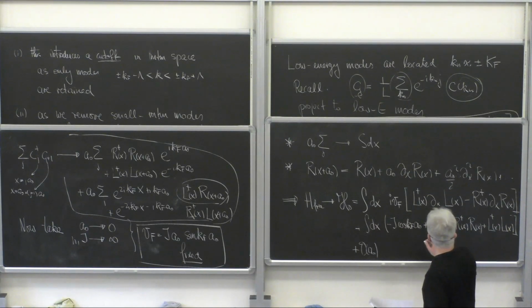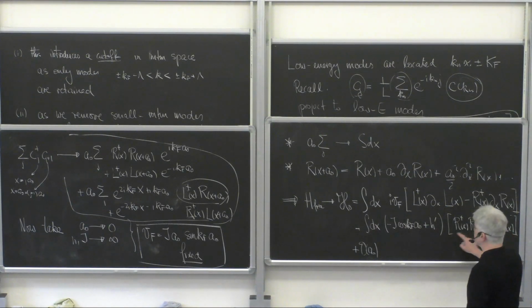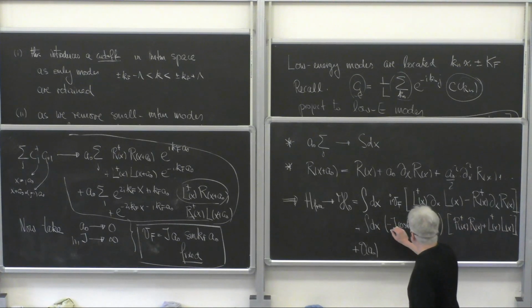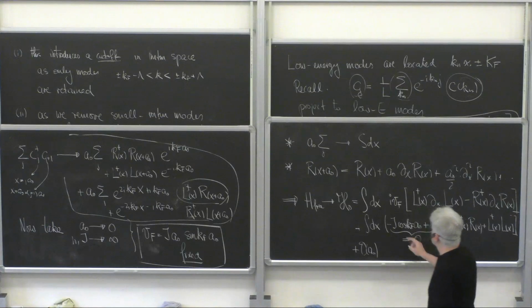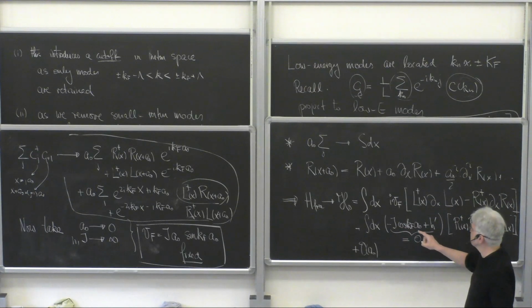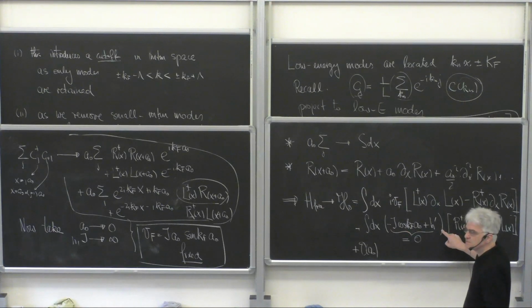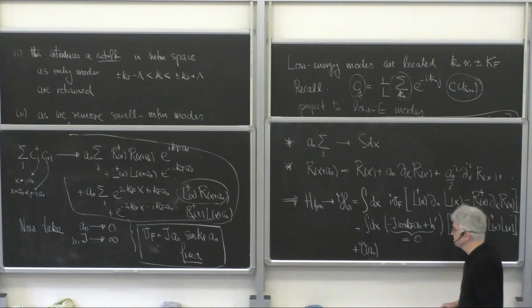Now, the important point is that this is the leading term here, and this leading term actually precisely vanishes, because the definition of kF was that precisely this term is equal to 0. Okay?